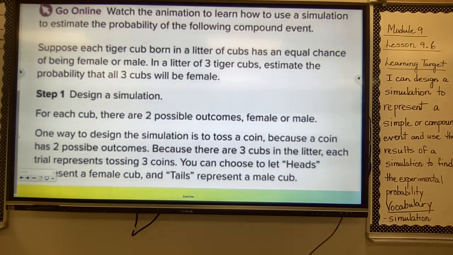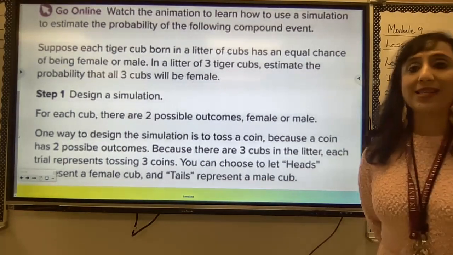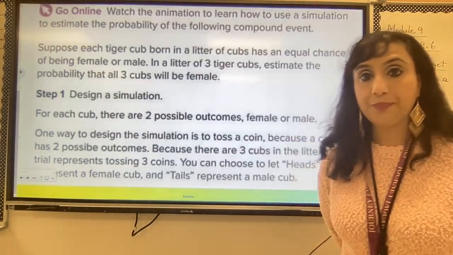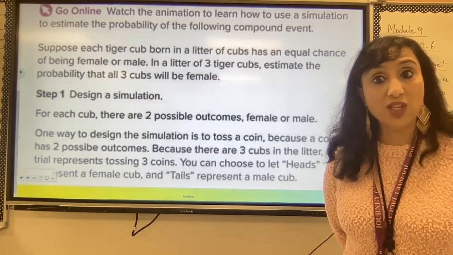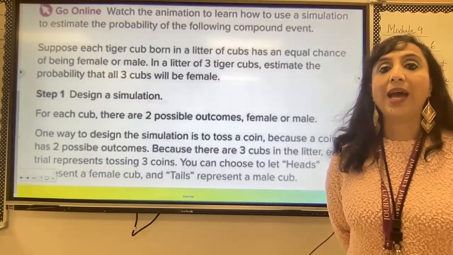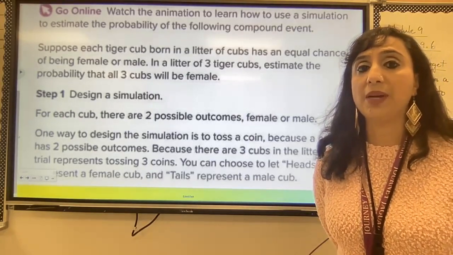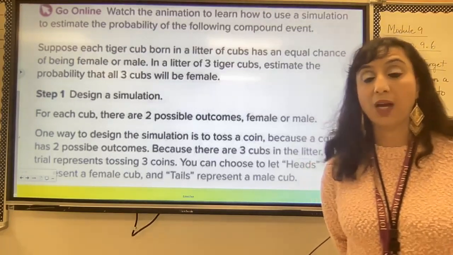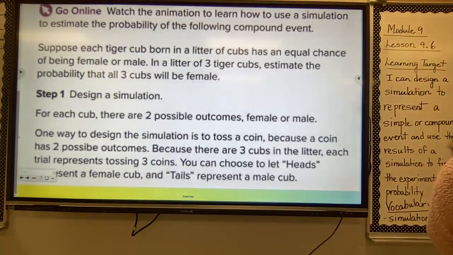All right. Suppose each tiger cub born in a litter of cubs has an equal chance of being female or male. In a litter of 3 tiger cubs, estimate the probability that all 3 cubs will be females. Step one, I do have to design a simulation.